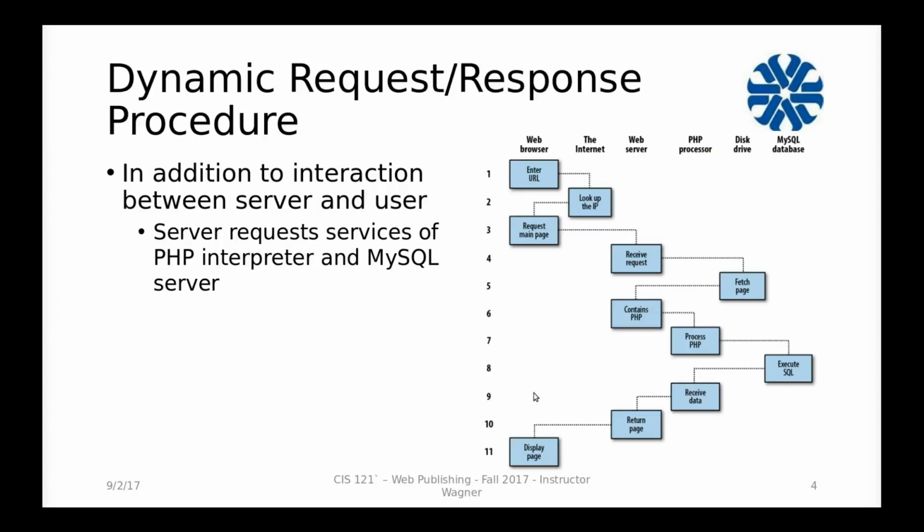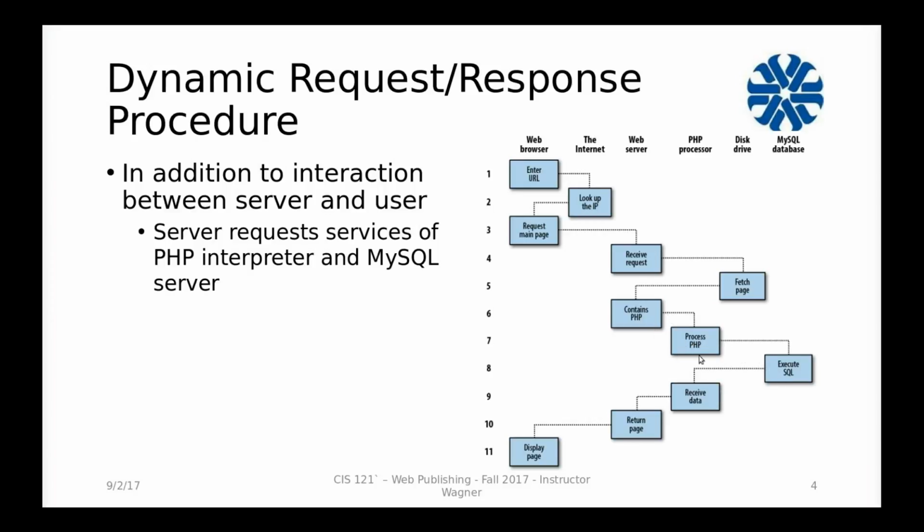The more complex version, which is what we'll be doing later in this class, is you get the web browser, you get the IP address, and then on your web server, you still get a page, and then if your page contains a programming language called PHP, the PHP processor on Apache will interpret your code and then render it.